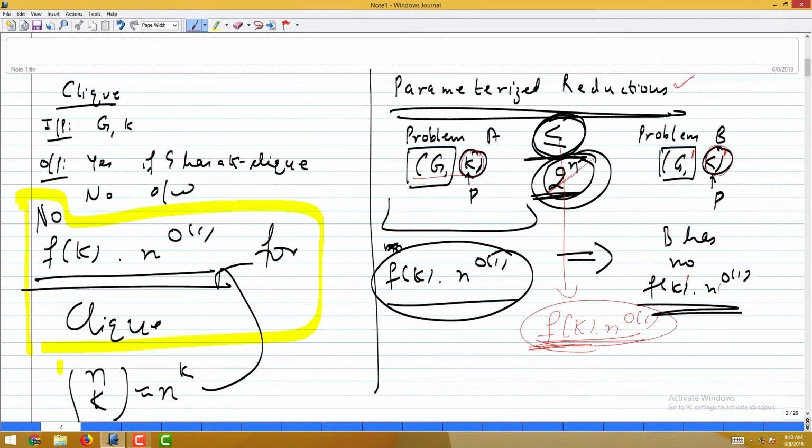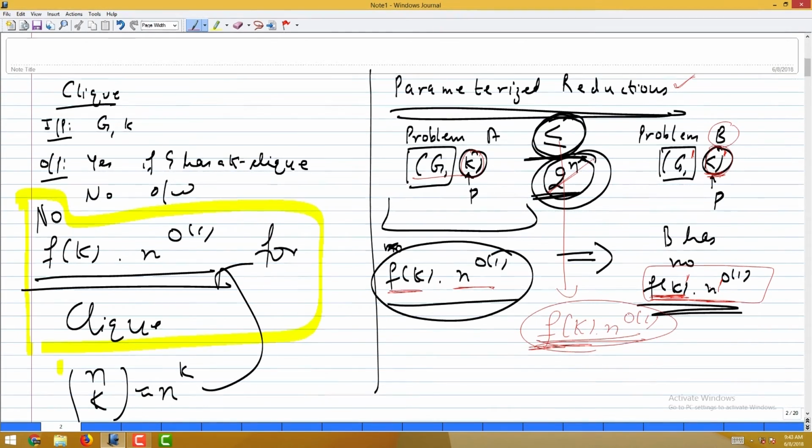And as we saw, if this k' was a function of n, then this running time will be some function of n, okay? Let me write n' here. So n' is the number of vertices in G', say, and n is the number of vertices in G. Eventually we want to design an algorithm for A that has running time f(k) into poly(n), and we'll use an algorithm for B. When I use an algorithm for B, it will run in f(k') into polynomial in n' time.